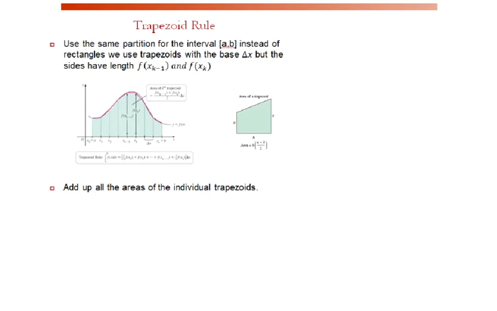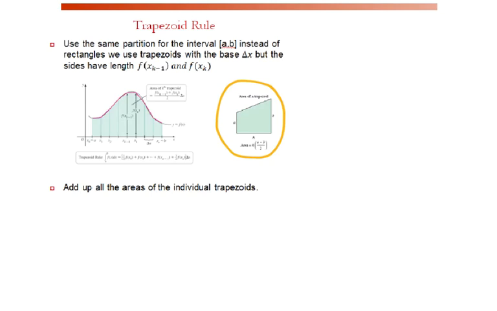relies on the same partition method, but instead of summing areas of rectangles, we're going to sum areas of trapezoids. So here's your trapezoid, and hopefully you recall that the area of a trapezoid is 1/2 the two bases added together times the height.